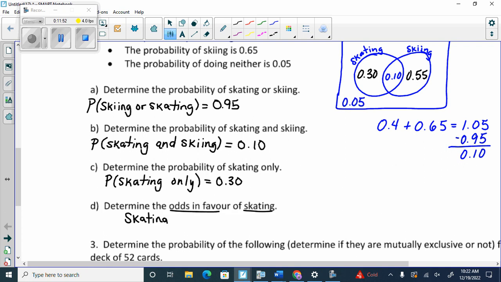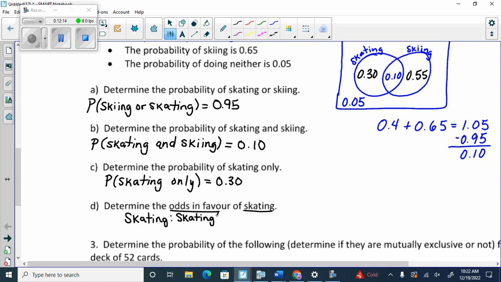What would come second? Nope, not skating. It has to be the complete complement. So you can't say skiing, because there are people who do neither, right? So we have to do skating and then everyone who's not in skating. Complements are always one and then everything else.